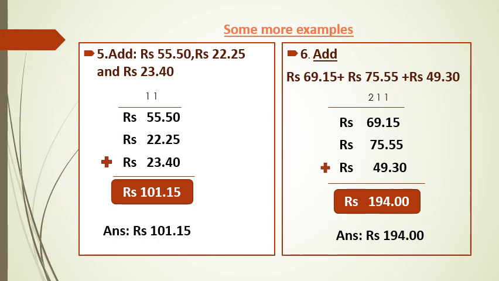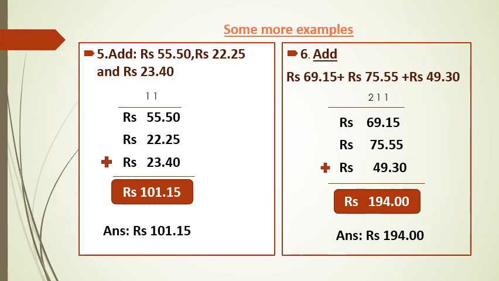Now do the next sum. Add rupees 69.15 plus rupees 75.55 plus rupees 49.30. So the same thing we are going to do.